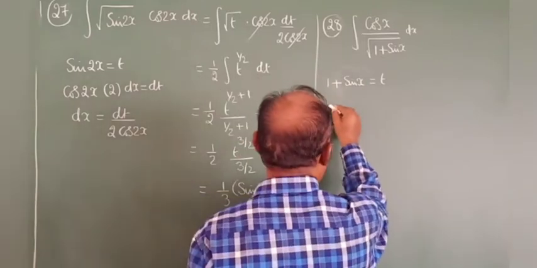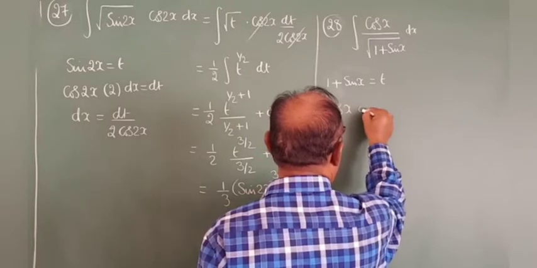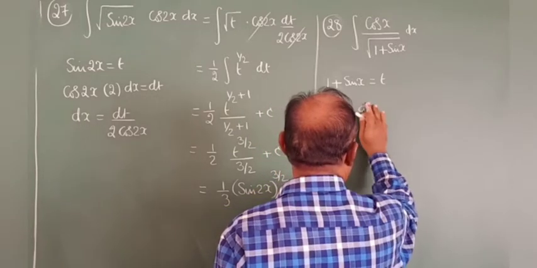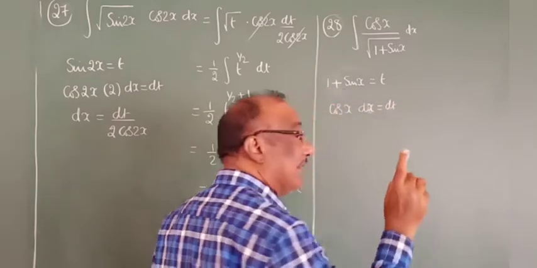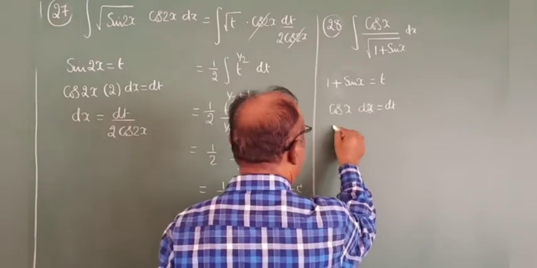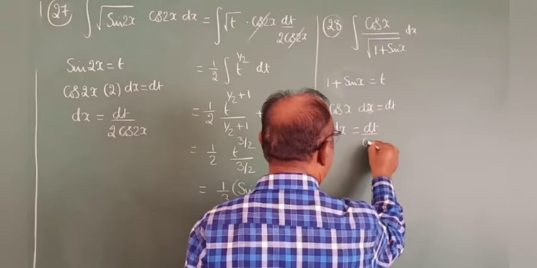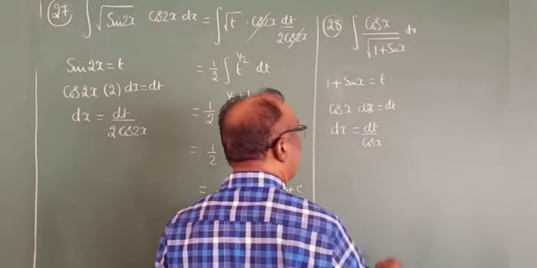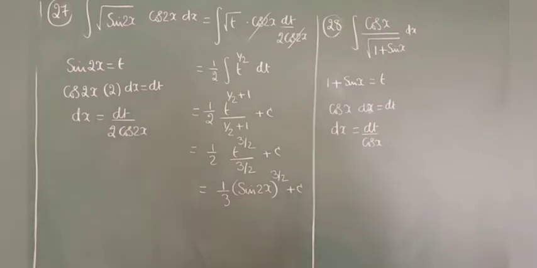So the derivative of 1 is 0, the derivative of sin is cos x into dx, equal to dt, the itself derivative. So dx is equal to dt by cos x. Always the itself derivative is called the exort derivative.